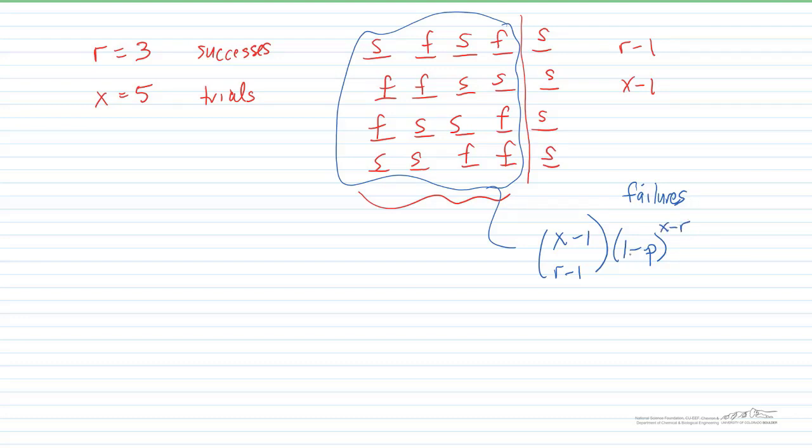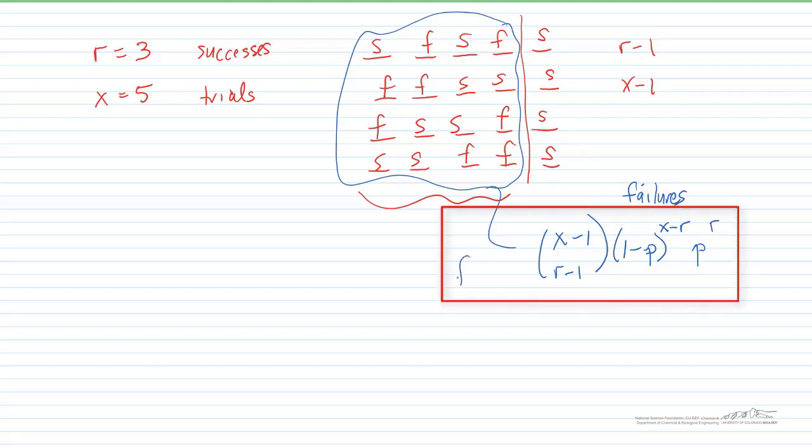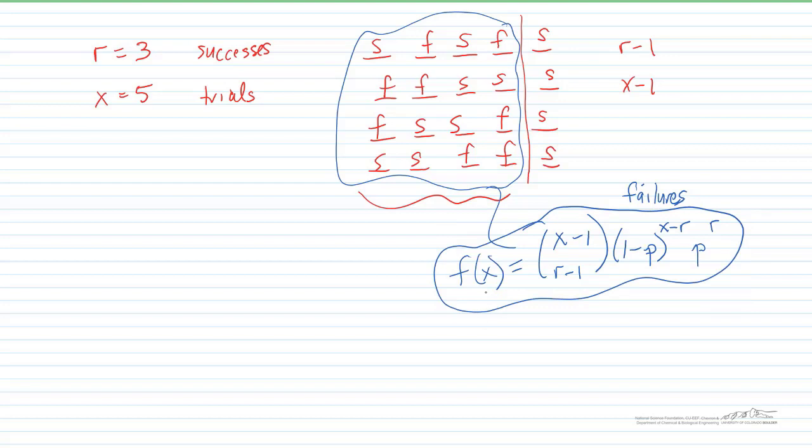So the probability of failure is 1 minus p raised to the number of failures, and then we multiply by the probability of success, p, raised to r, the number of successes. So this is the negative binomial distribution, the formula for calculating the probability that we will require 5 trials to get the third success, 6 trials to get the third success, and so on.